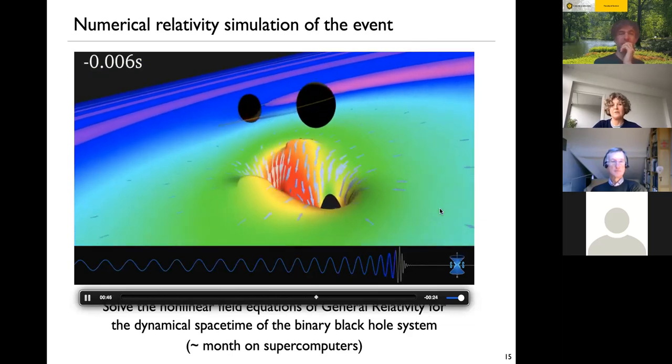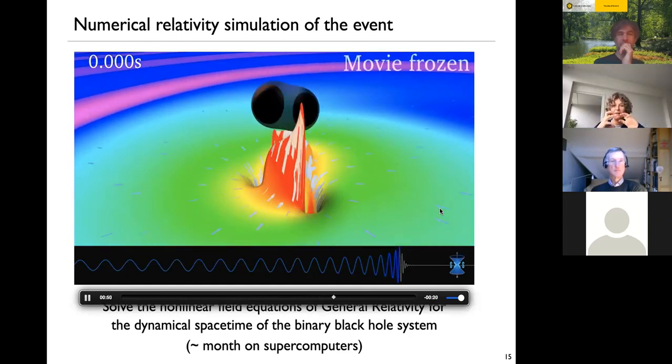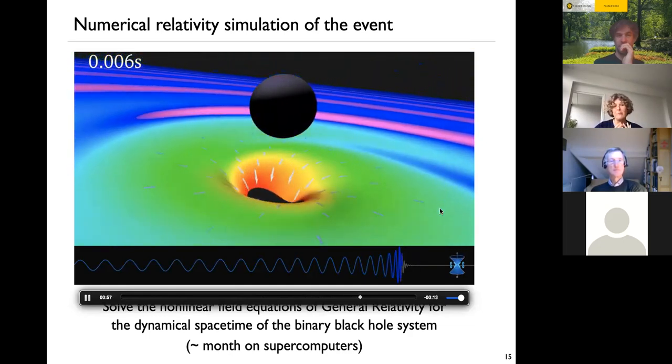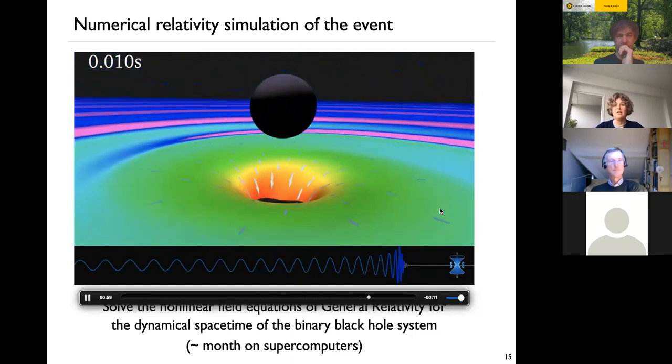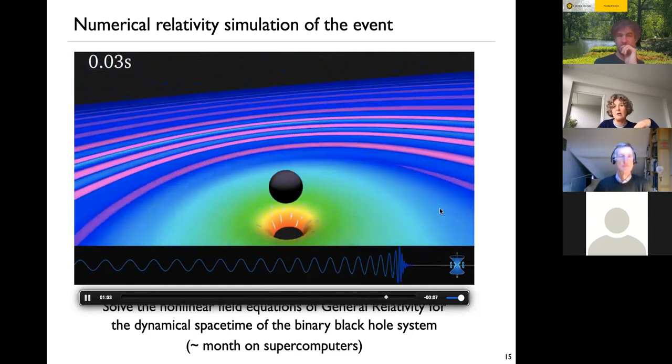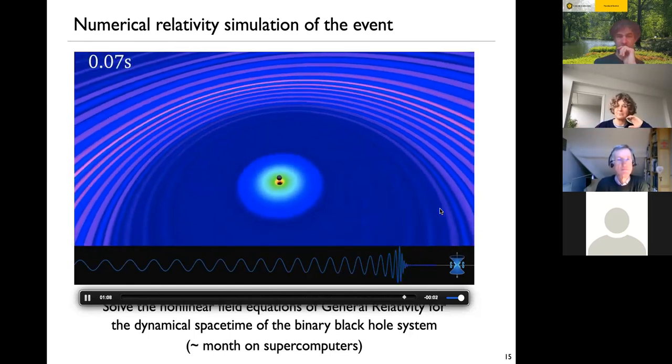Now the movie slows down because they get so close to each other that a common event horizon engulfs both of these black holes, and they have merged into a single black hole, which now shakes off its perturbations, and all that remains is the gravitational waves traveling outwards.